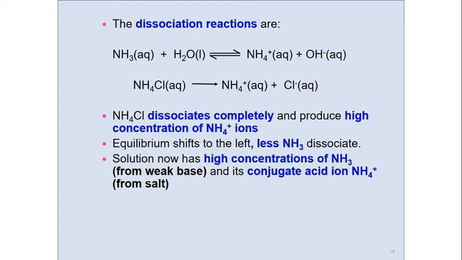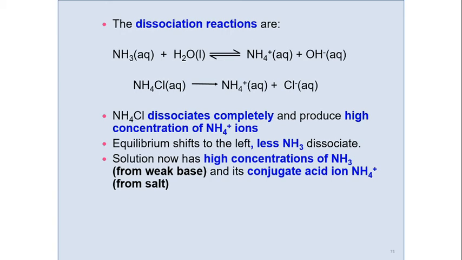Faham? Second equation menghasilkan high concentration of NH4+ sebab dia dissociate completely. So, this high concentration of NH4+, kita akan apply pada first equation. NH4+ akan shift the equilibrium position to the left and produce NH3 semula.